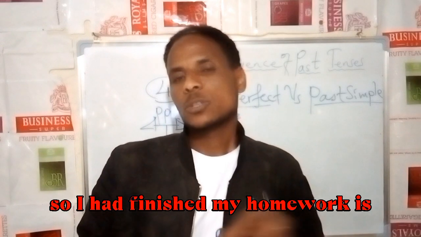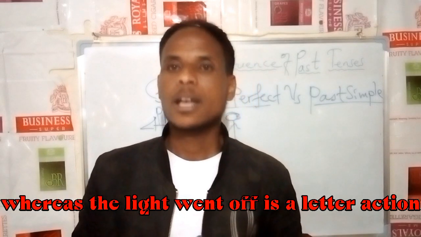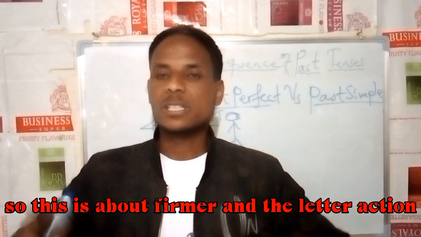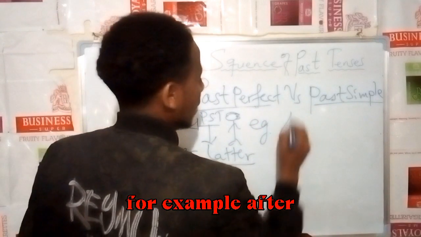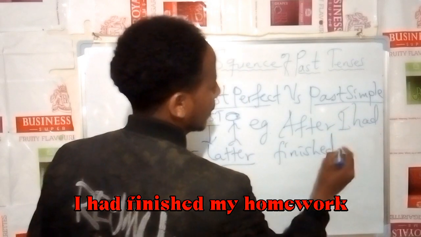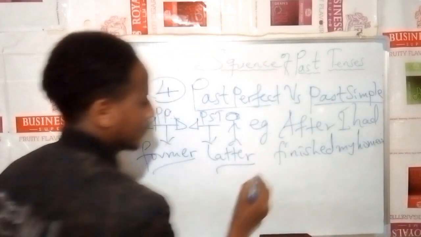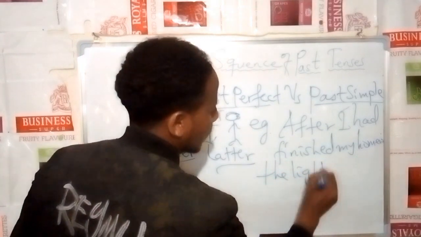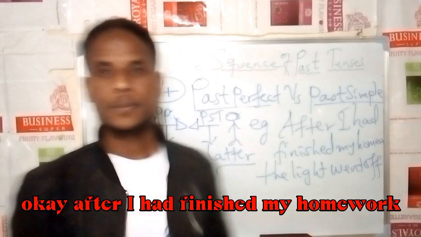So I had finished my homework is a former action expressed with the past perfect tense, whereas the light went off is a later action expressed with the past simple tense. So this is about former and later action. For example, after I had finished my homework, okay.